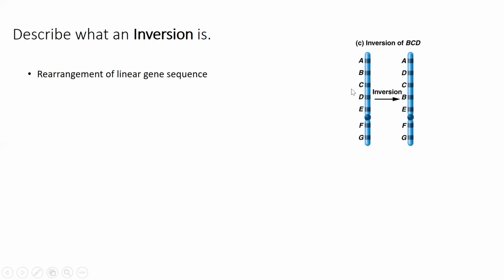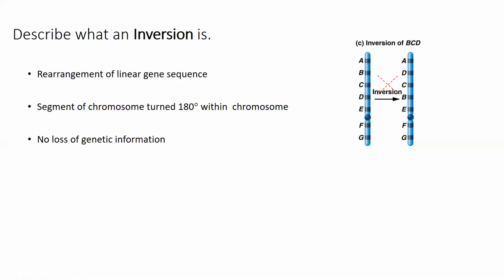So if you have B, C, D here, an inversion of this would end up D, C, B, okay? As I said, it's a segment of the chromosome turned 180 degrees within a chromosome. There is no loss of genetic information because all of the genes are still within that chromosome. It's just flipped around.